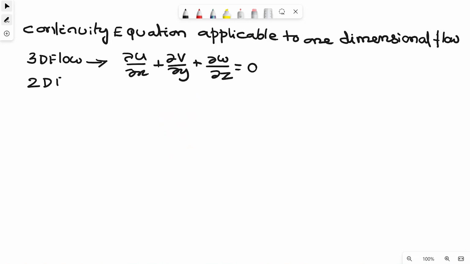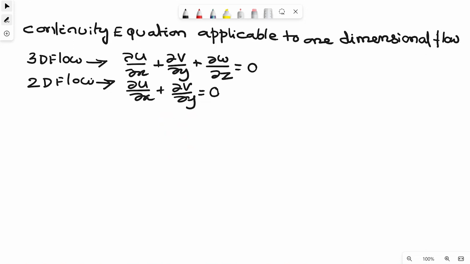For 2D flow, we have dou u by dou x plus dou v by dou y is equal to 0. Now for one-dimensional flow, if you write it is dou u by dou x is equal to 0, which really does not signify any meaning, and it is not taking into account the area of cross section, which is very, very important in the study.